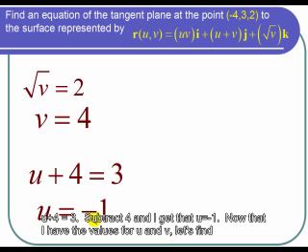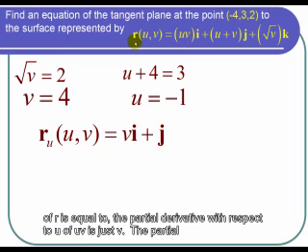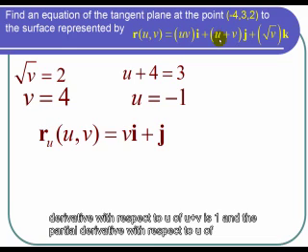So now that I have the values for u and v, let's find out what r_u and r_v are to get the normal vector. The partial derivative with respect to u of r is equal to, well, the partial derivative with respect to u of uv is just v. The partial derivative with respect to u of u plus v is 1.